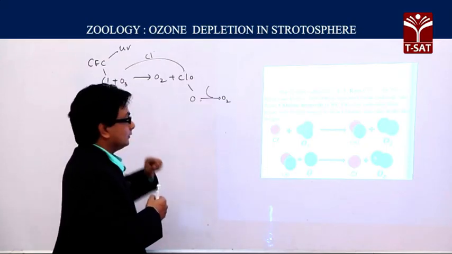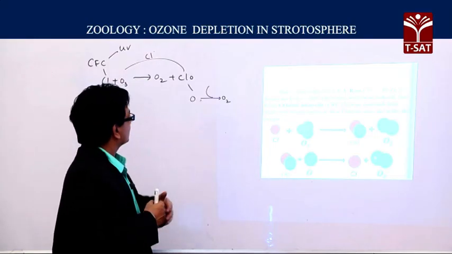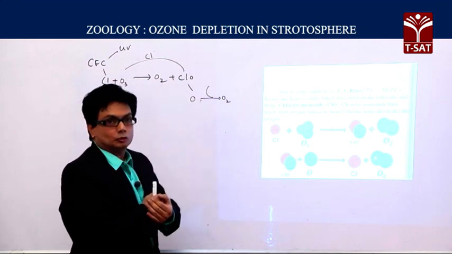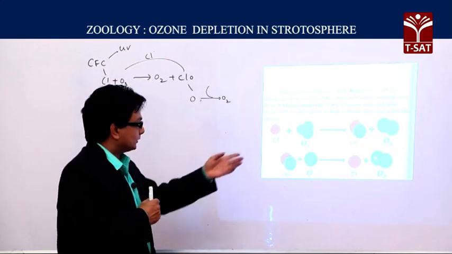It reacts with ozone, in the presence of UV radiation, to form oxygen and chlorine monoxide. This particular reaction can also be seen in the picture here.